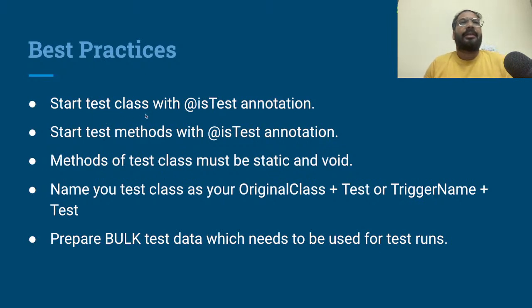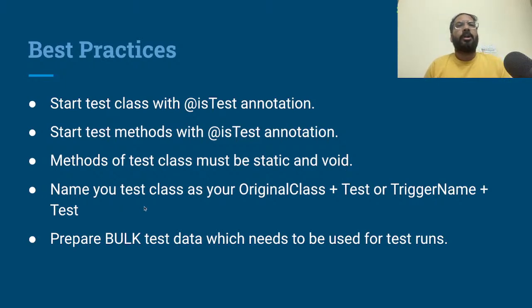You need to start the test class and the test method with the @isTest annotation. Then all the methods of a test class must be static and void, because they will be called automatically and they won't be returning anything.